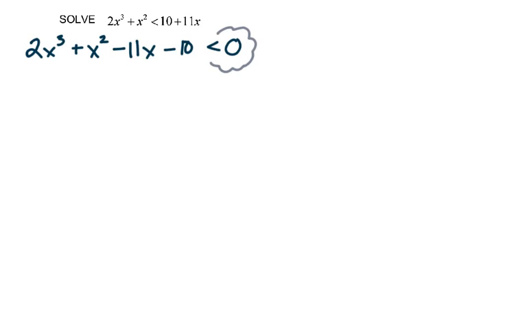And when I think about that less than or equal to 0, what that lets me know is I need to be below the x-axis, and not equal to means not touching.